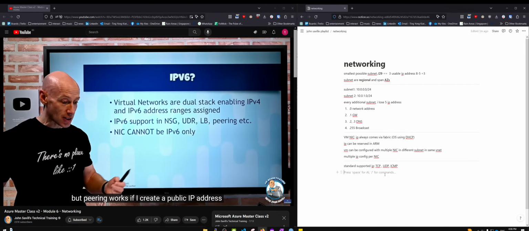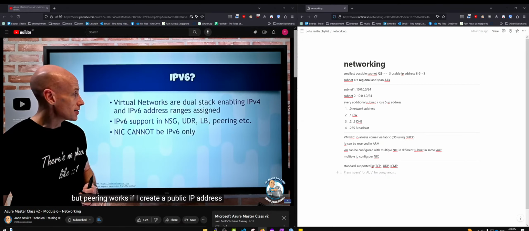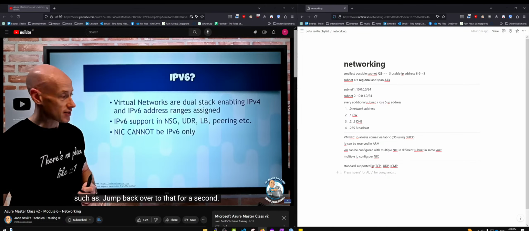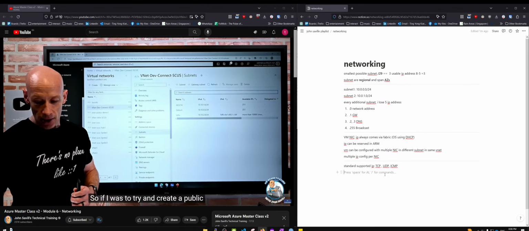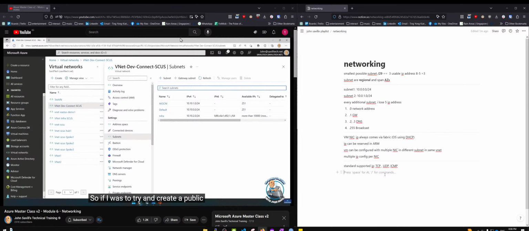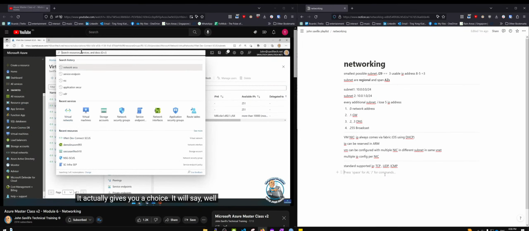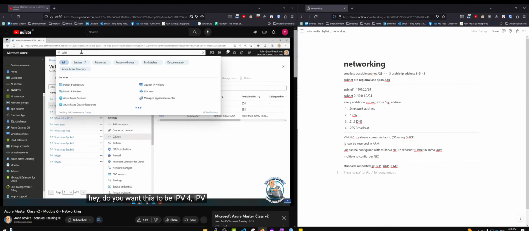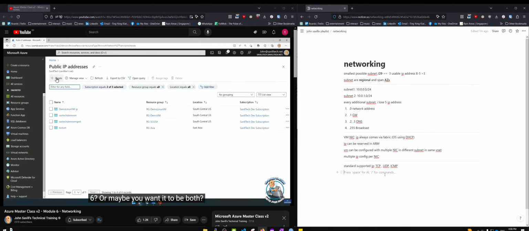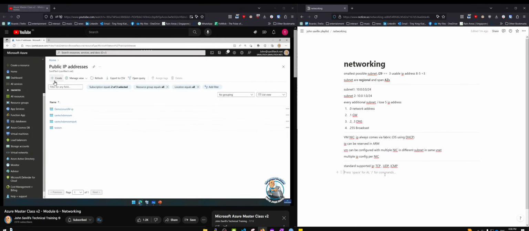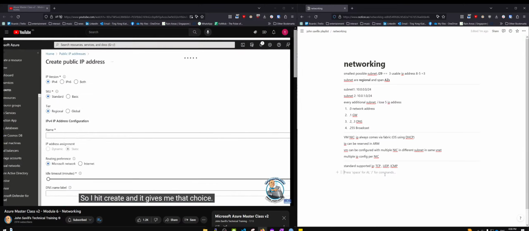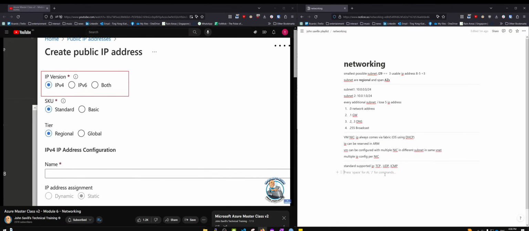But peering works. If I create a public IP address, so let's jump back over to that for a second, it'll actually give you a choice. It'll say, do you want this to be IPv4, IPv6, or maybe both? So I hit create, and it gives me that choice.